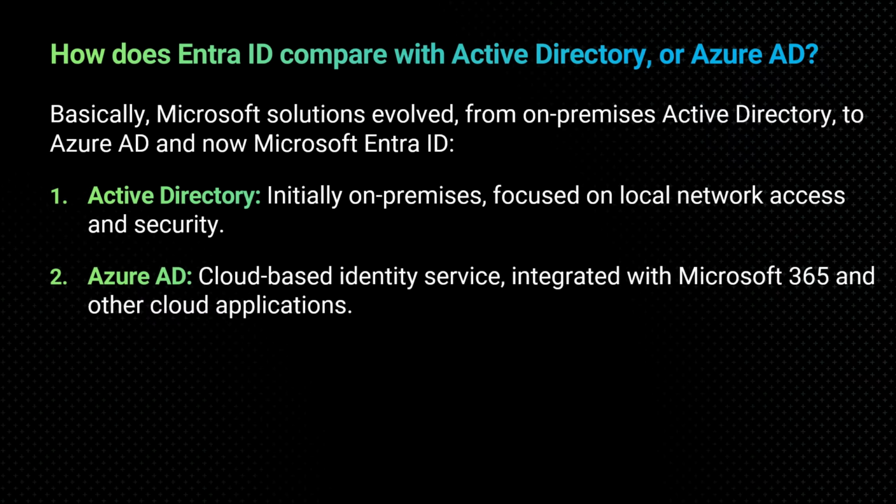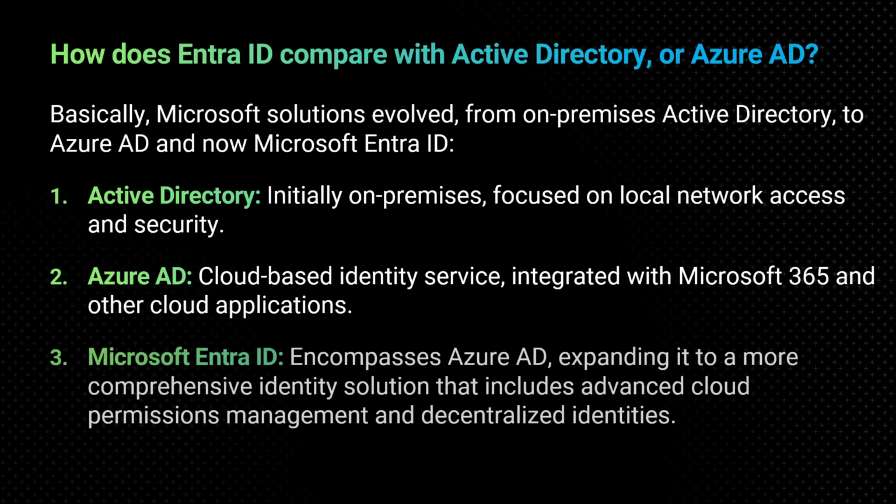Azure ID was an evolution toward a cloud-based identity service integrated with Microsoft Office, but not only, also other cloud applications. And you can consider Entra ID as a superset of Azure ID because it does include Active Directory, but also it expands to a more comprehensive identity solution, including advanced cloud permission management, decentralized identity, and all the module components that we just saw before.